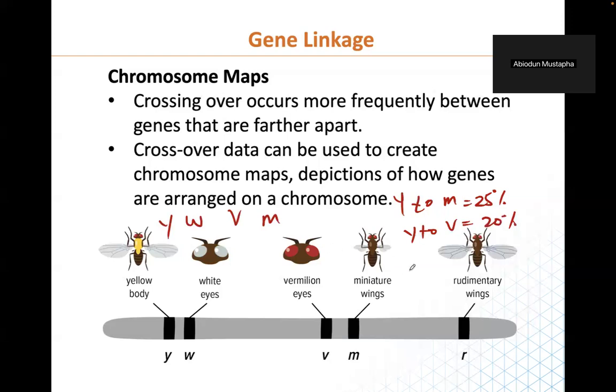Let's say gene W to V is 5%. Then gene W to M would be what? So 25, 20.